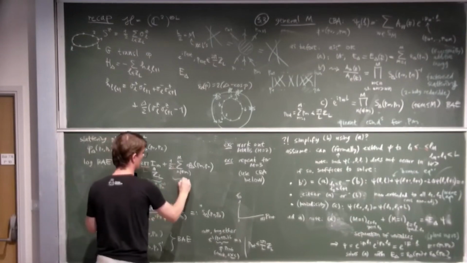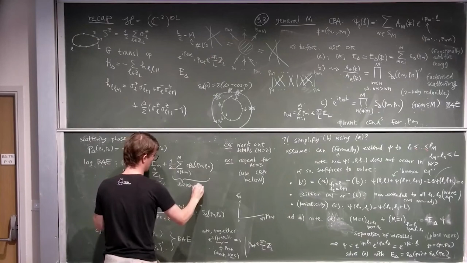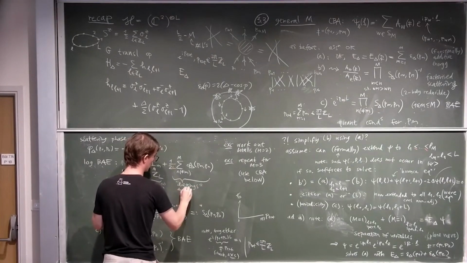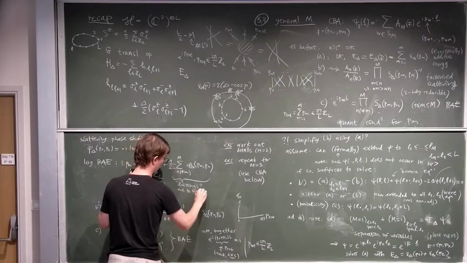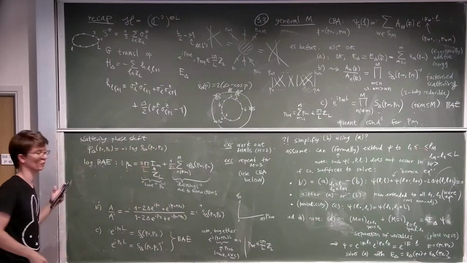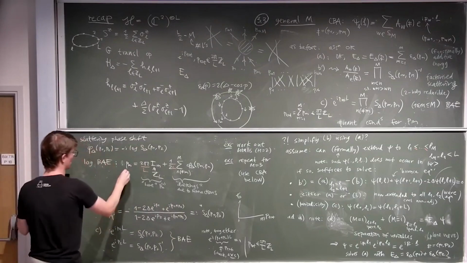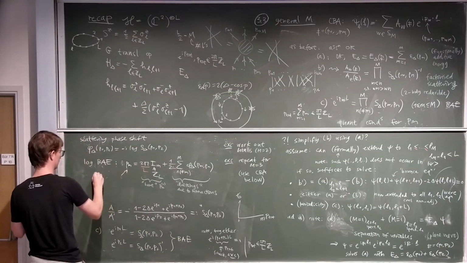And these here are dressings, modifications due to interactions. And this is the real value of this p_m. And by the way, the p_m are often called quasi-momenta.